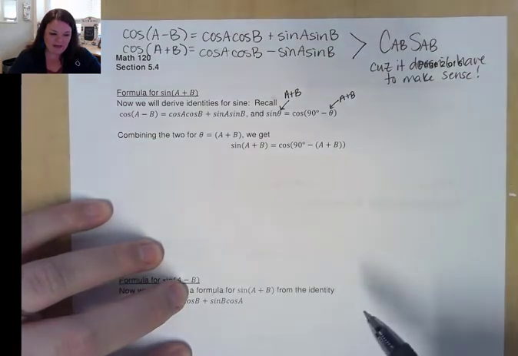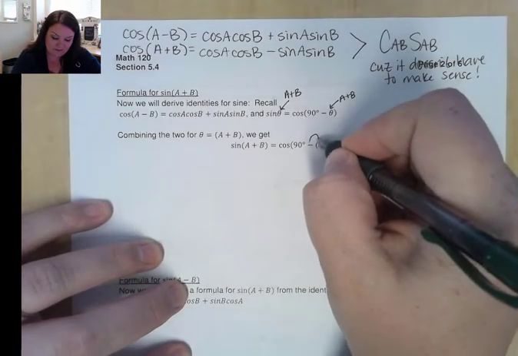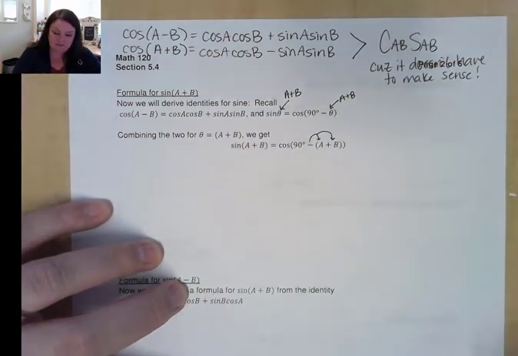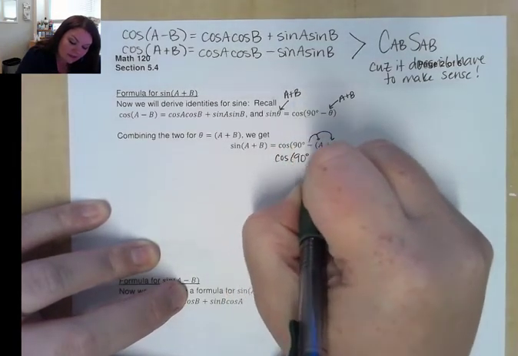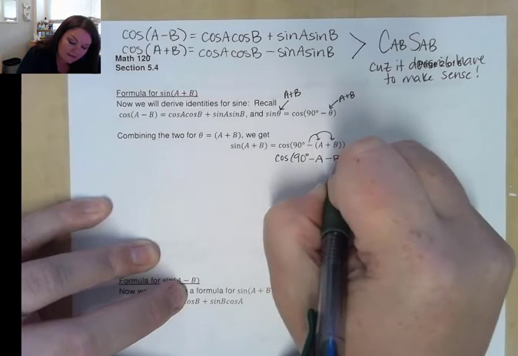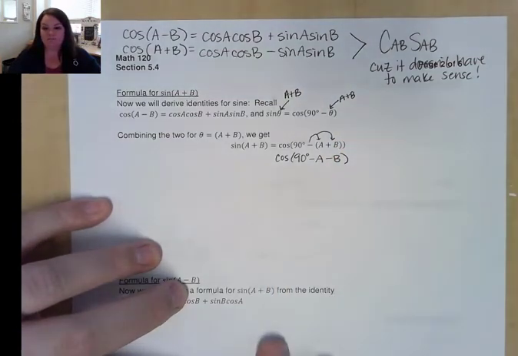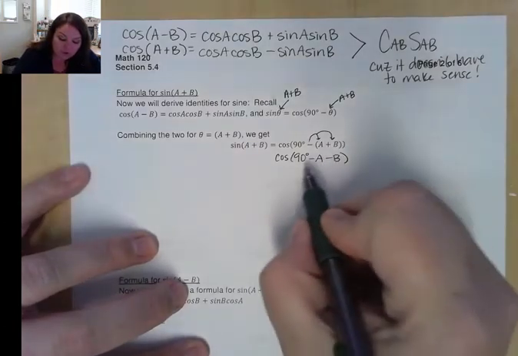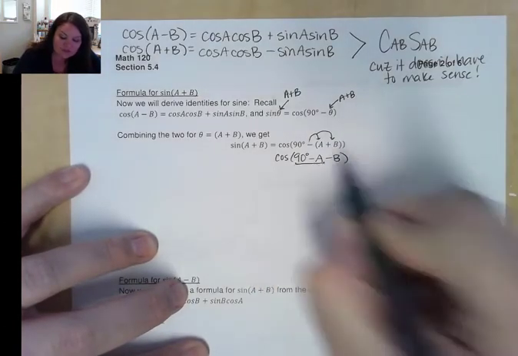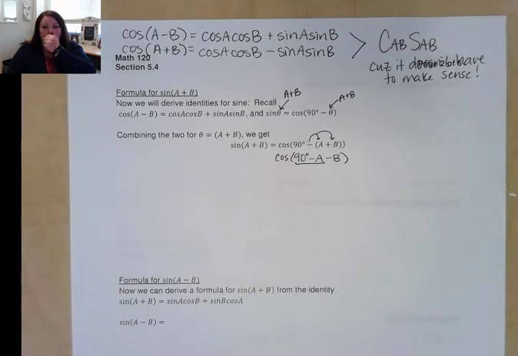I'm going to go ahead and distribute this negative into both terms. So this tells me that cosine of 90 degrees minus a minus b. Okay, and then I'm going to group these two terms together and call that my first angle.